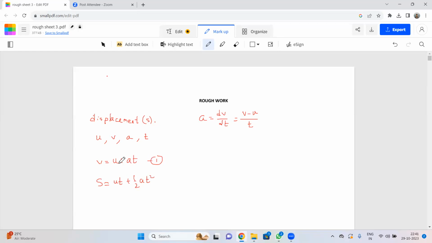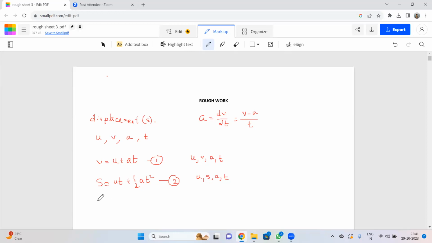From the first equation, if you know any three values among these, we can find the fourth one. Similarly, here we have four parameters s, u, t, and a. If we know any three, we can find the fourth one. The first is the relation between u, v, a, t, and this one is between u, s, a, t.